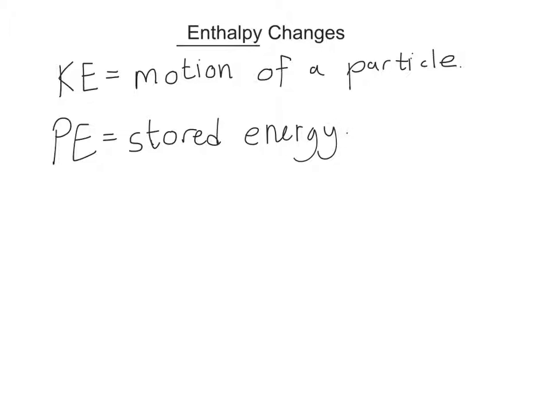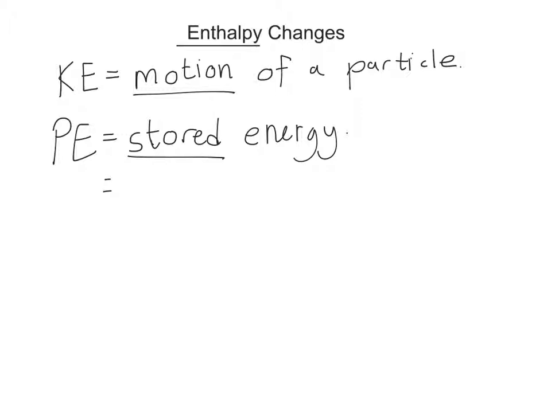If you recall, in physics, the formula for kinetic energy was 1/2 mv squared, 1/2 times the mass times the velocity squared. What that means is for something to have kinetic energy, it has to be moving, it has to have a velocity. But that's not the case with potential energy. Potential energy is stored energy.